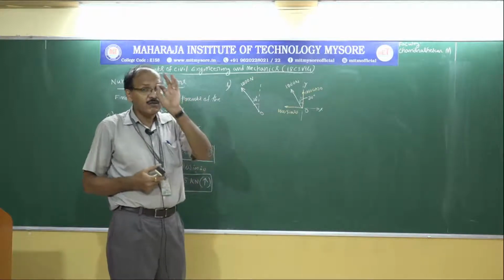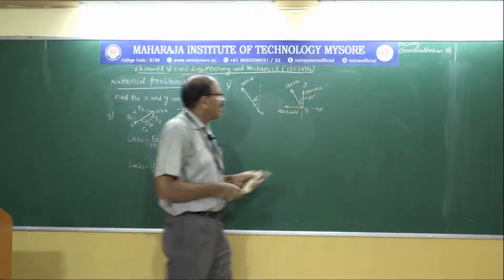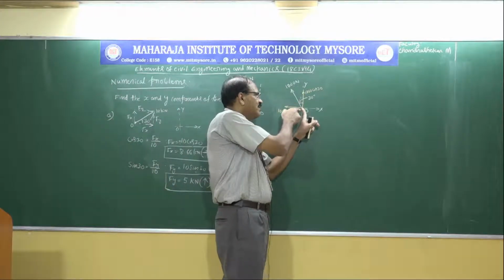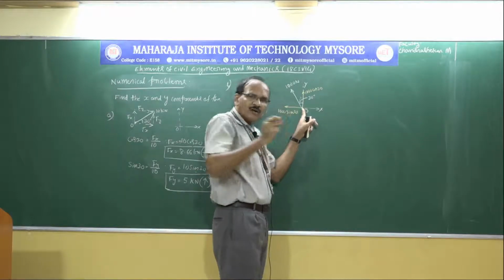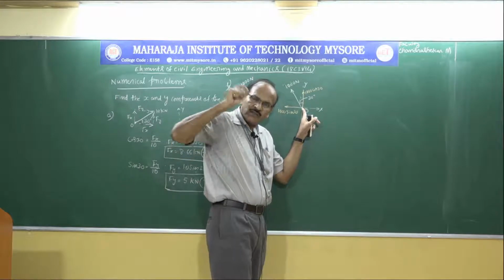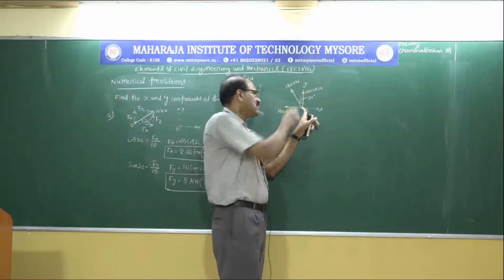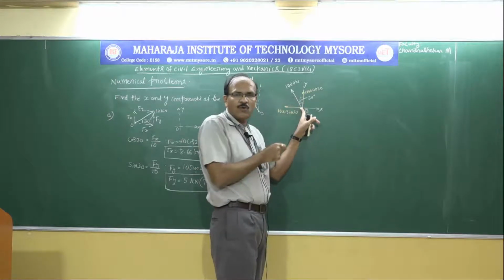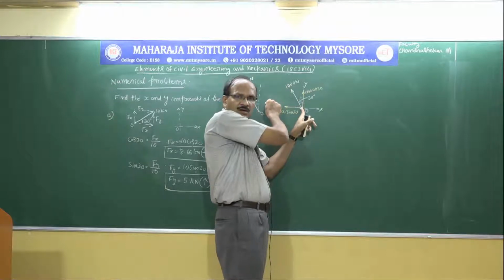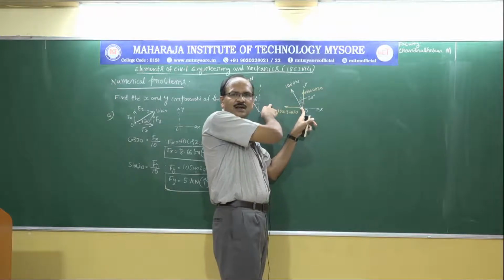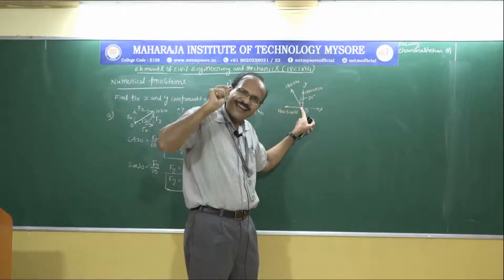Whenever you resolve a force, keep in mind that because this force is attached to point O, if you are finding the horizontal component, keep this fixed because the arrow is attached to the point O. Then rotate it, make it horizontal, and when you rotate it, the angle of rotation should not be greater than 90 degrees.